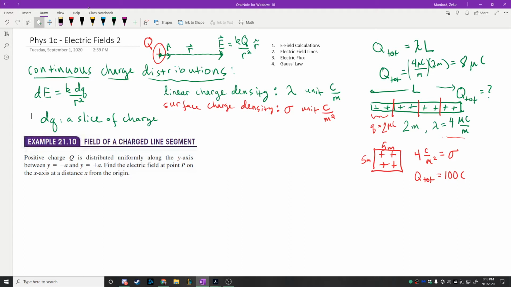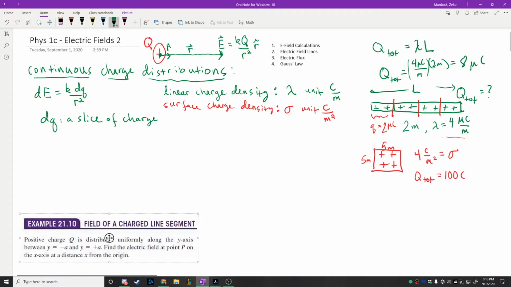The way we normally do that is by saying that an infinitesimal piece of charge, in the case of linear charge density, dq is going to be equal to lambda. Now this is a charge per unit length, so we have to multiply by a length.